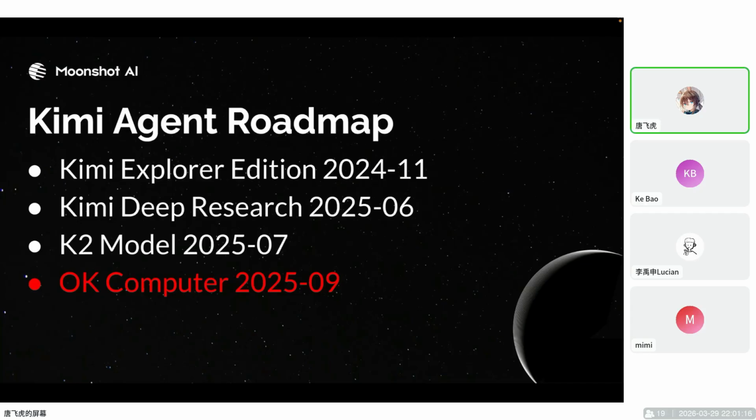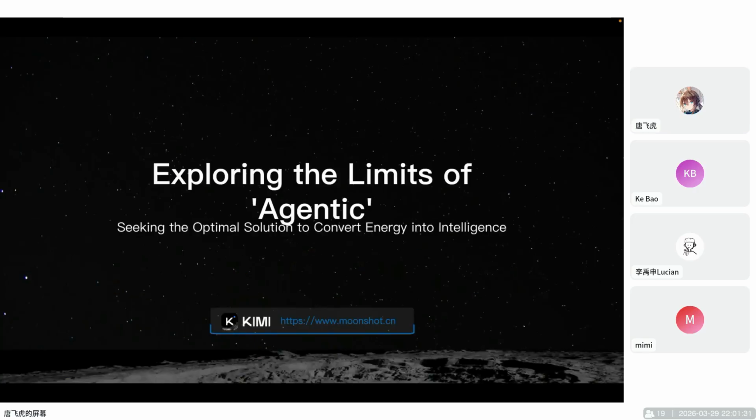It's just like OpenClaw, but OpenClaw can do something further. It can help you install the skills and tools all by itself. So you can explore the limits of agentic work, seeking the optimal solution to convert energy into intelligence with Kimi.